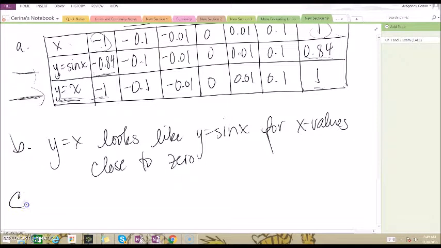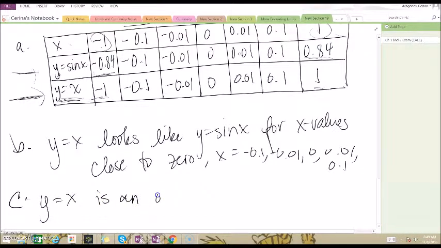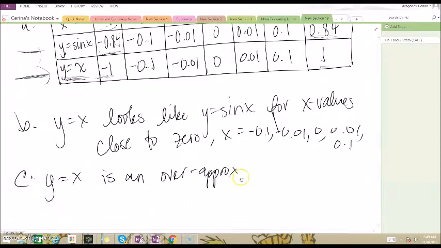Then you were asked, so the x values of -0.1, -0.01, 0, 0.01, and 0.1. Then you were asked for which values y equals x is an over approximation. So what you get for y equals x is larger than what you would get for sine of x.